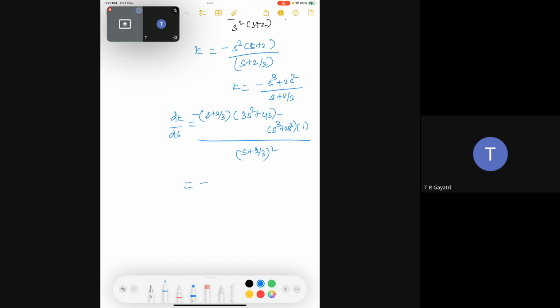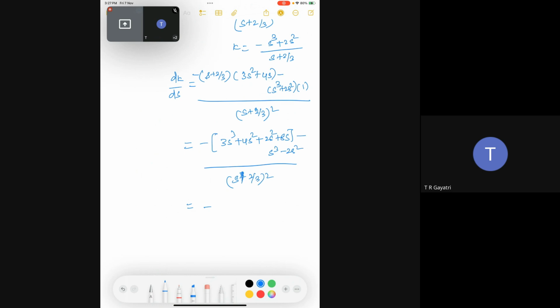So it will be 3s cube plus 4s square plus 2s square plus 8s minus s cube plus 2s square, s cube minus 2s, divided by (s plus 2 by 3) the whole square.